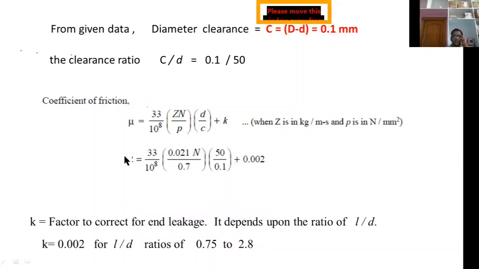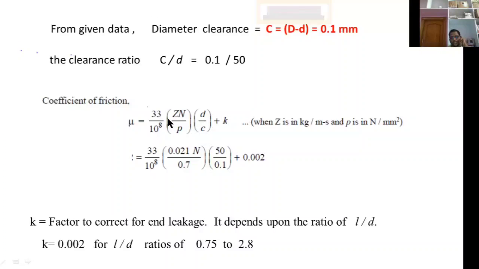Now I am substituting all values in coefficient of friction formula, 33 by 10 power 8 into Zn by P. Here capital Z, absolute viscosity also is given, that is 0.021. Capital N value you have to find. Bearing pressure we already found, that is 0.7, and D by C is obtained from above equation. This is a C by D ratio equal to 0.1 by 50.